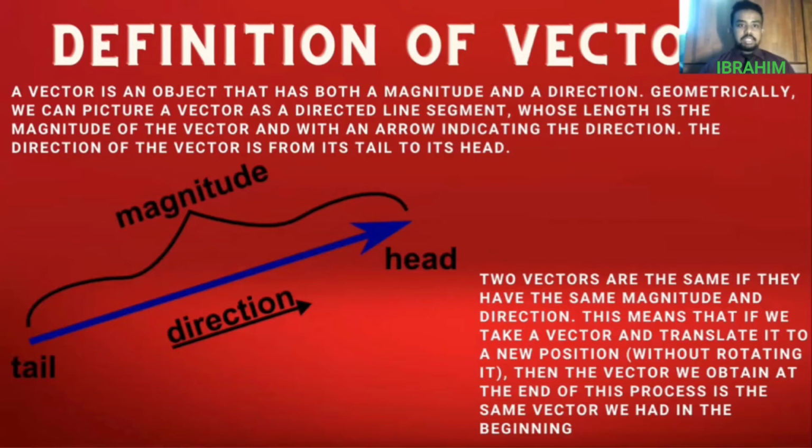The direction of the vector is from its tail to its head. As you can see in the diagram below, it shows how the vector's magnitude and direction have been found. Two vectors are the same if they have the same magnitude and direction. This means that if we take a vector and translate it to a new position without rotating it, then the vector we obtain at the end of the process is the same as the one we had in the beginning.